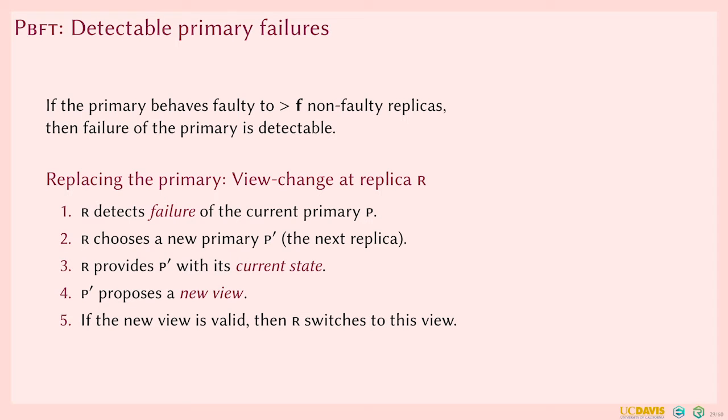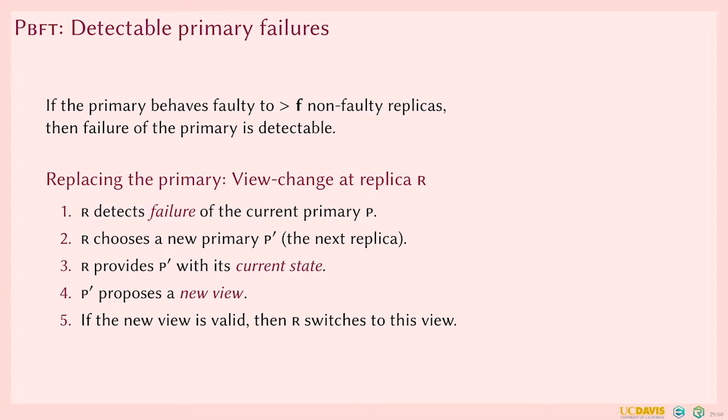And to do that, PBFT uses a view change protocol. Of course, we already saw, first we need to detect that the primary is faulty. Then a replica needs to choose in this view change protocol a new primary. And this is typically just the next one. And this new primary must know what the current primary did.